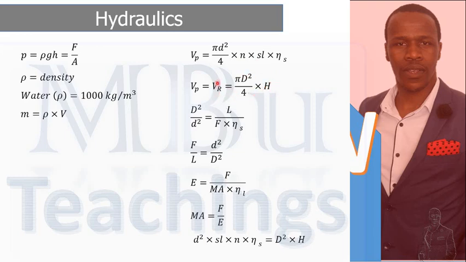Now this is the volume on the side of the ram. But remember, from the previous formula sheet we saw that the volume of the plunger is equal to the volume of the ram. So in other words, we can just equate them if we need any of those. And when we equate them, we find this formula.